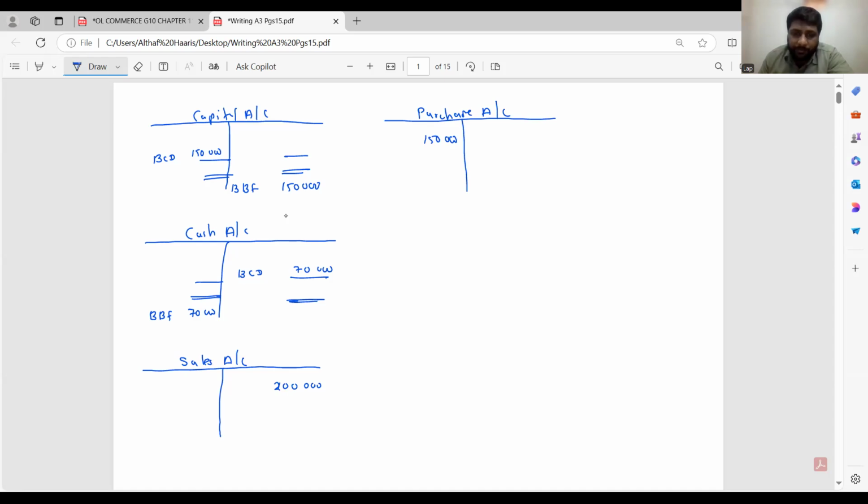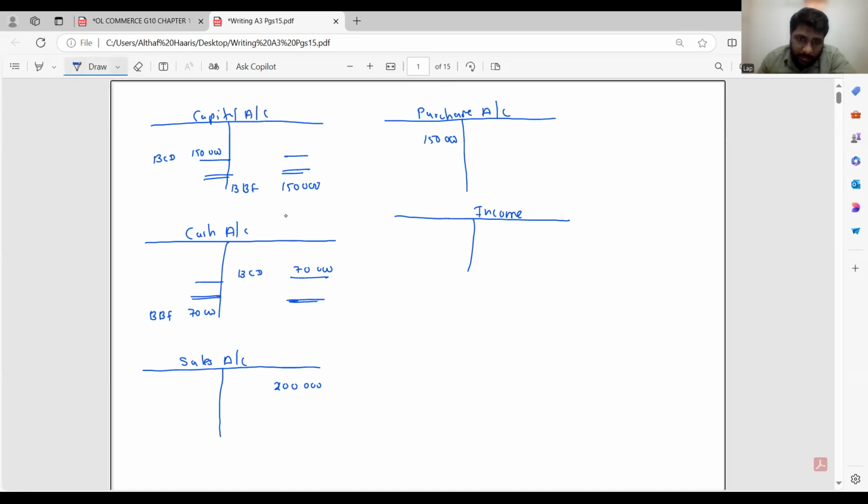Then other income, like commission income, 10,000. Electricity expense, let's take maybe 5,000.